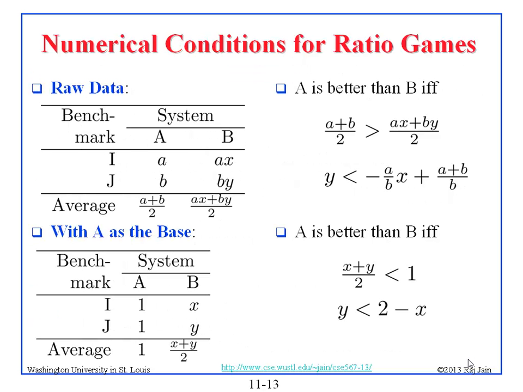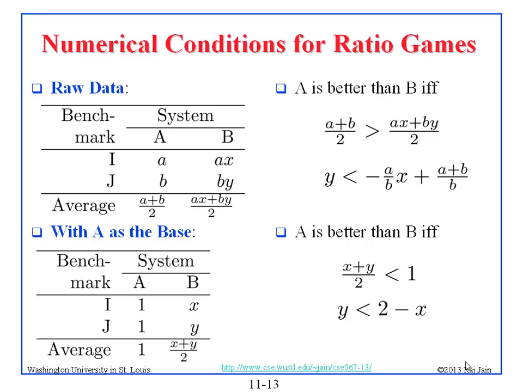Okay. All right. Now a little bit of mathematics. This is a mathematics course, so we have to show you mathematically. If you have two systems and two benchmarks, the performance on the first benchmark is A and A times X, where X is the ratio. The performance on the second benchmark is B and B times Y, where Y is the ratio.